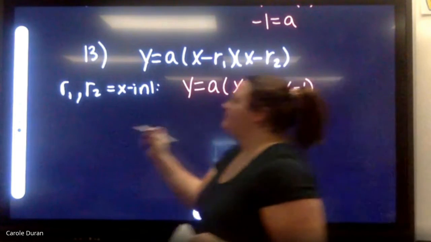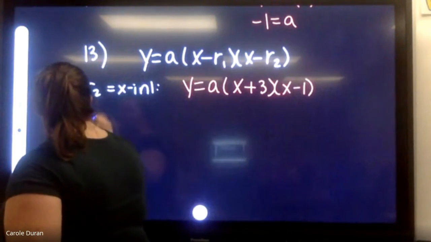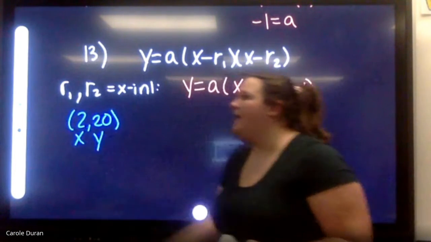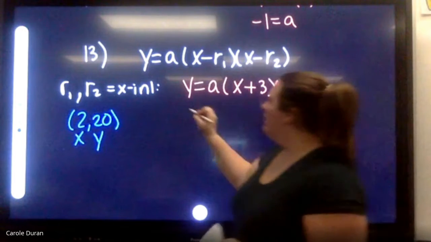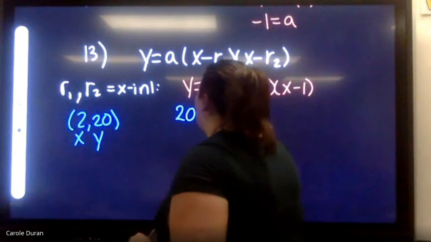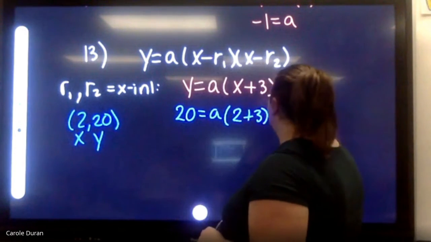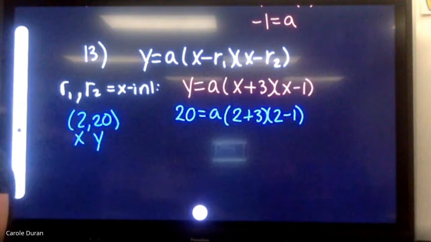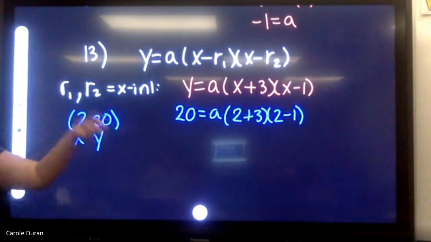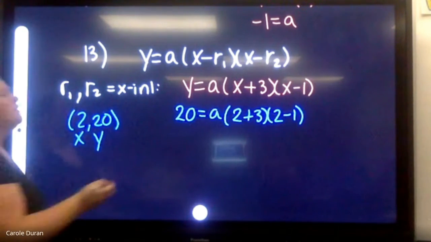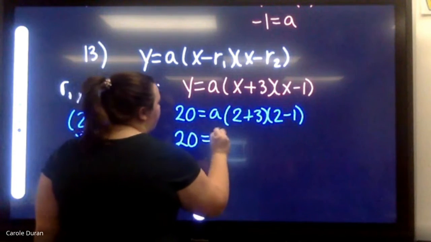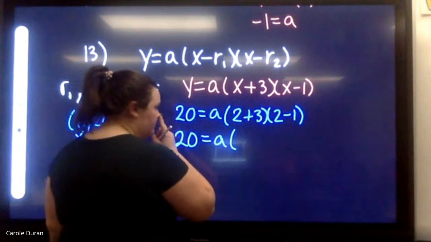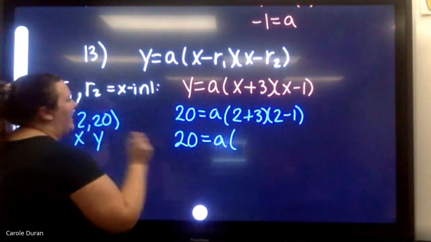Okay, that's fine. So it told me the other point on this graph is (2, 20), where 2 is my x and 20 is my y. So I plug those in, and I get 20 equals a times (2 plus 3) times (2 minus 1). I go ahead and solve those individual parentheses first. So I have 20 equals a times, what's 2 plus 3? 5.